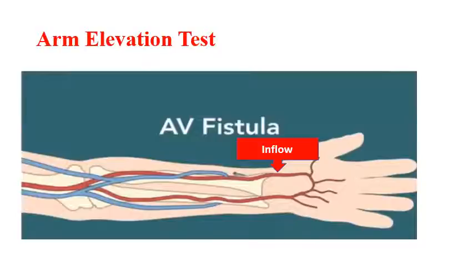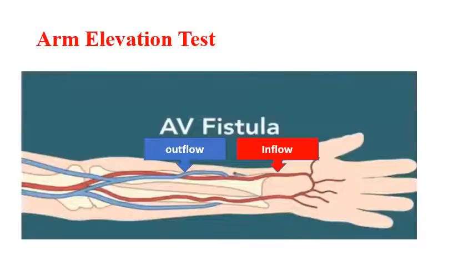What is meant by this? That the blood that comes to the AV fistula comes from the artery. So we call the artery the inflow, which carries the blood to the AV fistula. And the vein is the outflow. It takes the blood from the fistula towards the heart again. So the artery is the inflow and the vein is the outflow.